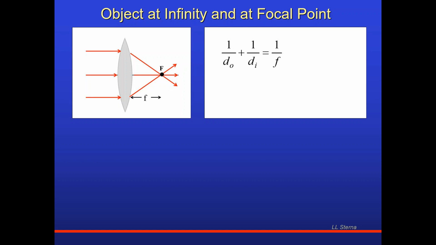Now, we're not going to worry about what it means to be infinitely far away. What we're concerned about is rays that arrive at the lens parallel. Because if something is very far away, the rays of light that come from that object will arrive at the lens parallel.